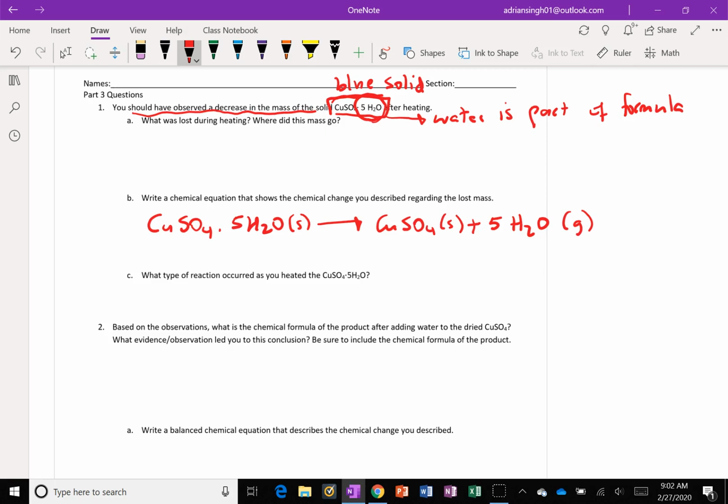So the type of reaction we're looking at is when we start with a compound and it breaks down into 2 or more products. That type of reaction has a particular name associated with it, and that name is in your lab document, right in the first couple of pages.